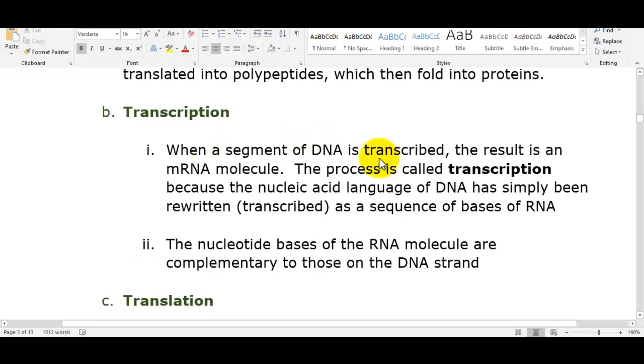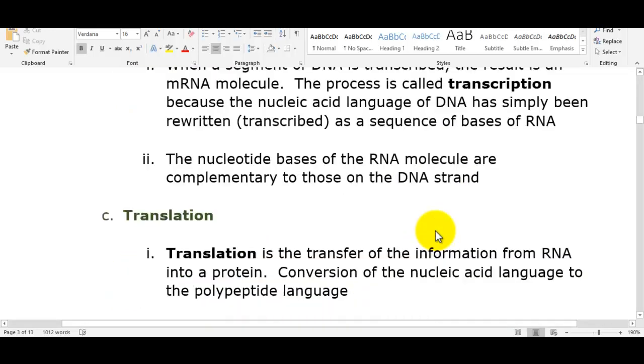When a segment of DNA is transcribed, in other words, it's copied over, the result is a messenger RNA molecule. The process is called transcription, and the nucleotide bases of the RNA molecule are complementary to those in the DNA strand.